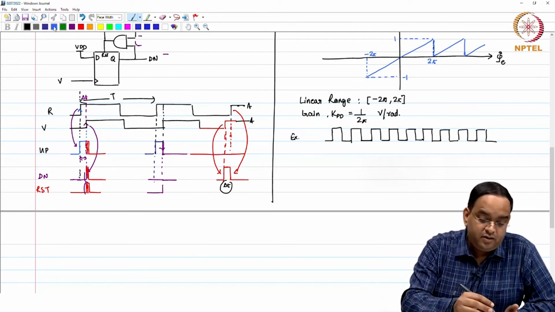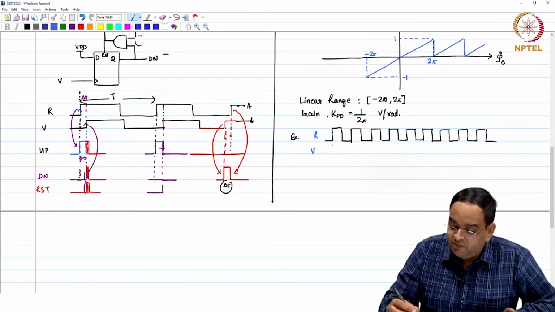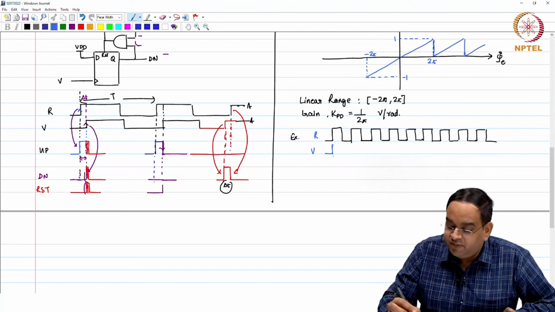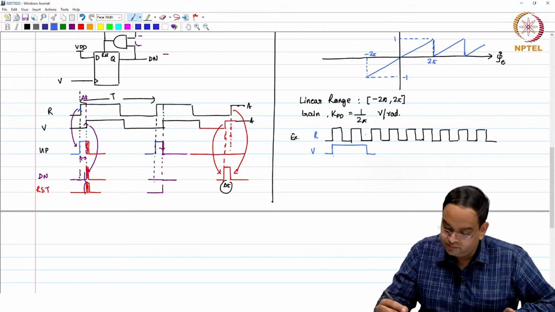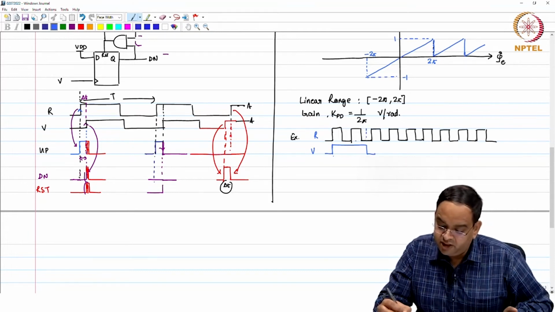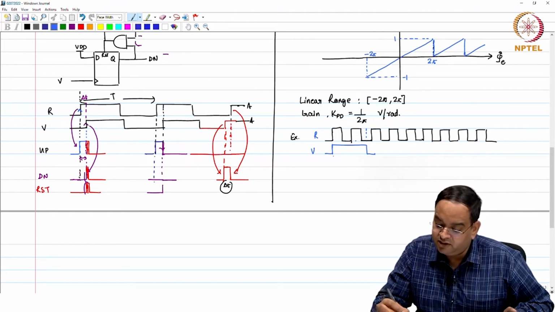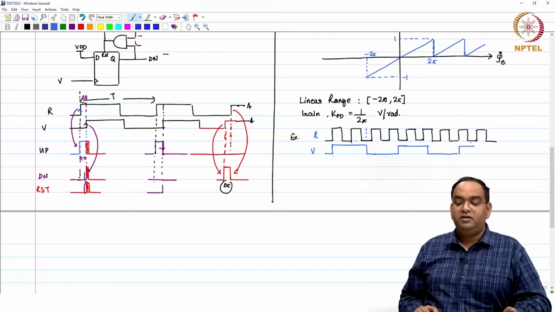And this is my R signal and my V signal happens to start at the same point, but this happens to be something like this. So, here I am taking this as 1.75. So, I should make it like this. Let us do it this way. This is just an example which I am having, right.